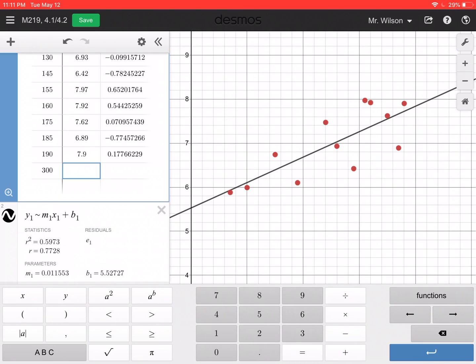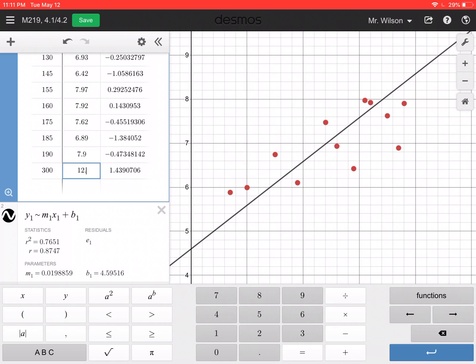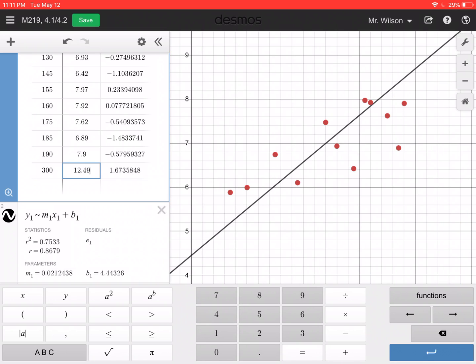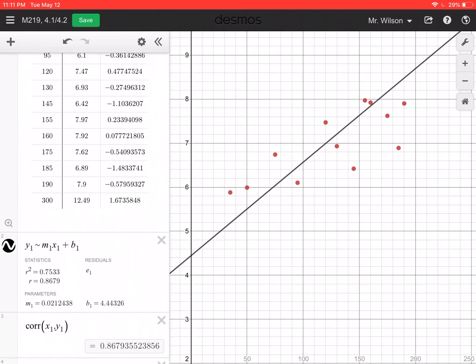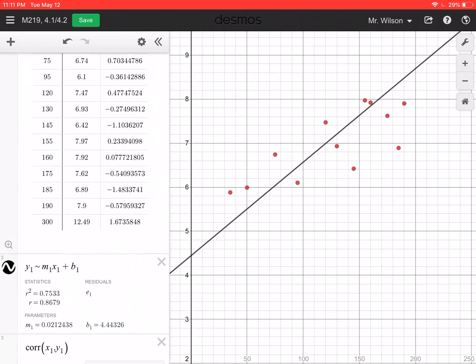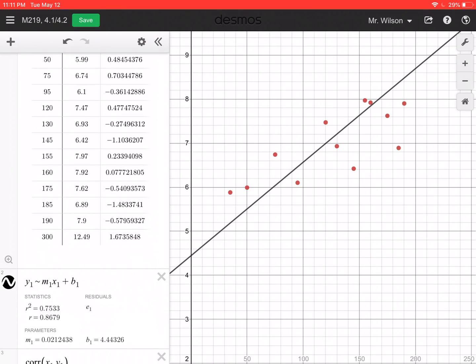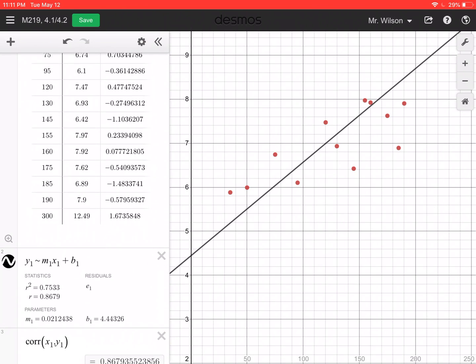And we can see it's tilting the line up slightly, and it's shifting it a little bit, and it is affecting our correlation coefficient. So, is this point influential? I would say yes, it is, because again, it has an effect on the slope, on the y-intercept, and on the correlation coefficient. I guess it would be up to your interpretation, how you want to describe that.